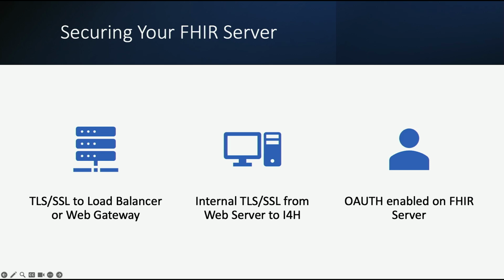So essentially, if you're going to have a FHIR server in the cloud in production, you need end-to-end encryption, not just encryption to the web gateway, but encryption between the gateway and the FHIR server. So that's inside AWS's networking.